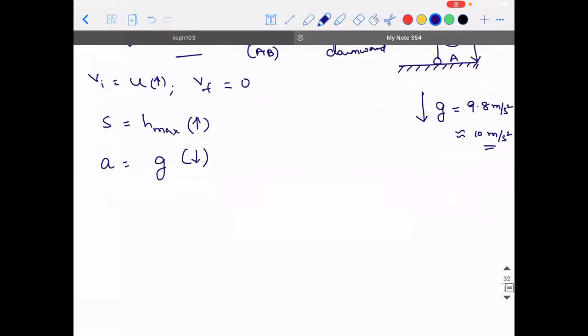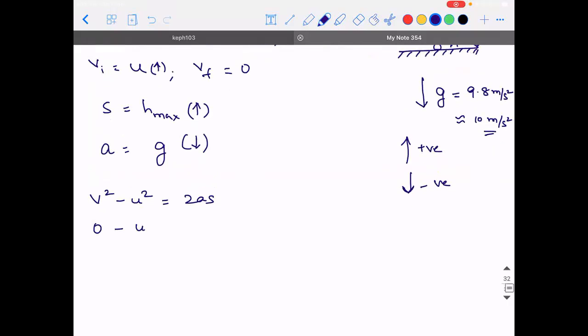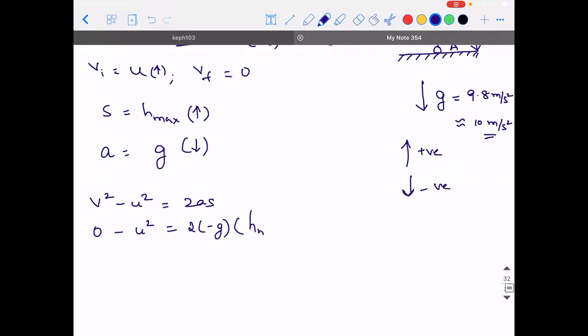Now I have a question, guys. If you take the upward direction as positive, we can obviously take the downward as negative. If I apply v square minus u square is equal to 2as, then what will be the value of v? 0 minus u square is minus u square. 2 into, can I write the acceleration as minus g into the displacement as h max?